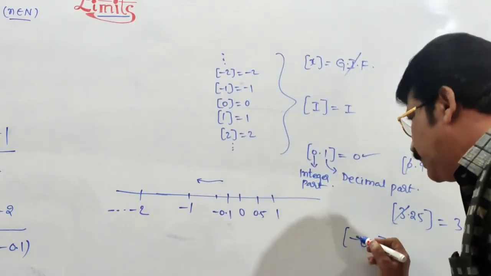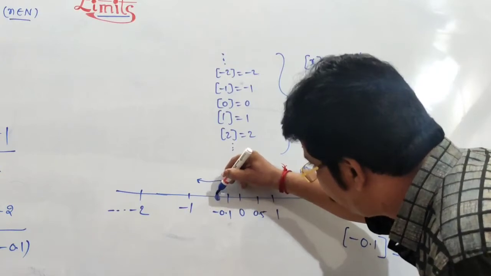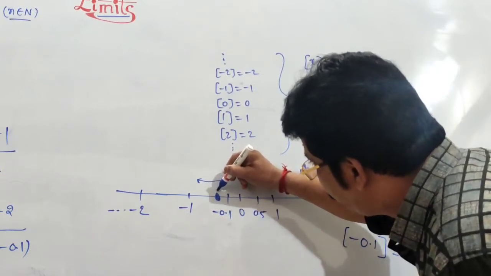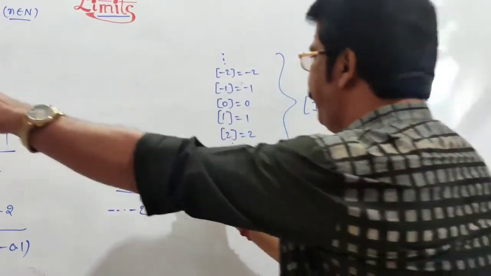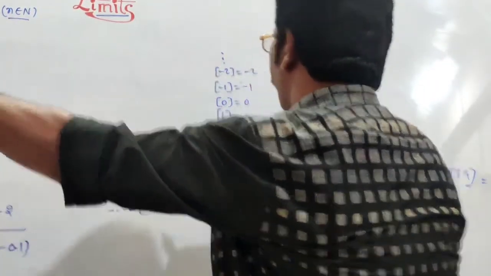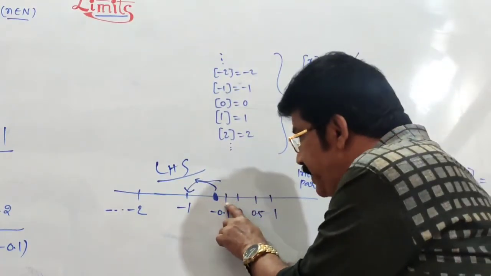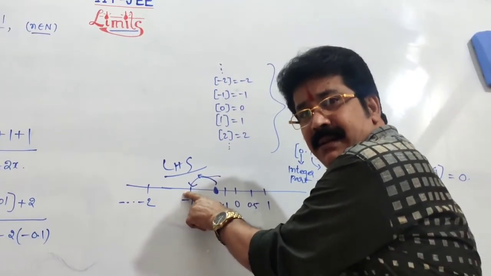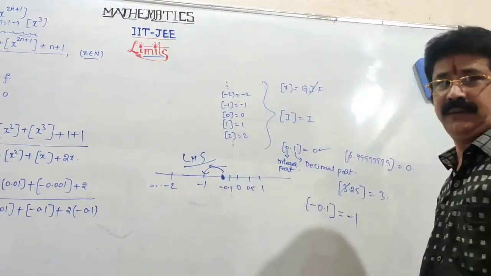Where is minus 0.1? Here is minus 0.1. So, what is the next immediate integer on the left hand side? Minus 1. So it will take minus 1.